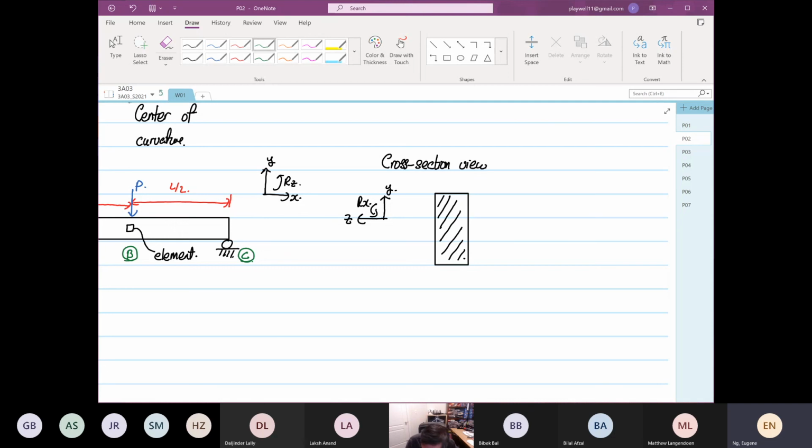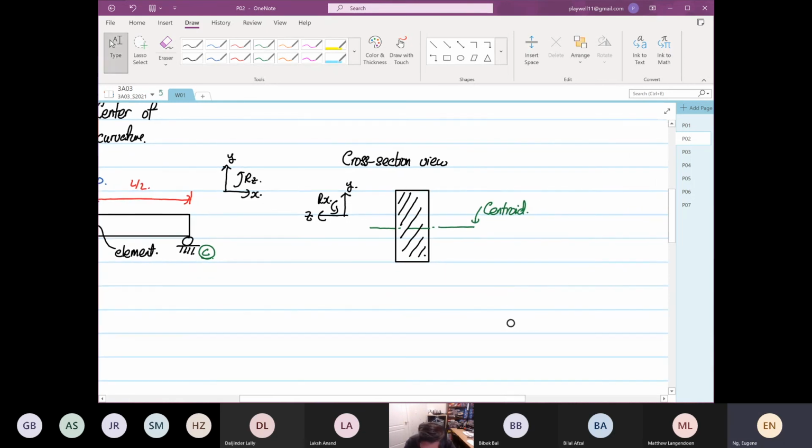Okay, because it's rectangular, the centroid is exactly at the center. Okay, so this is our centroid. Okay, and for this case, I like to highlight centroid is acquired geometrically. Okay, so this is based on geometry.